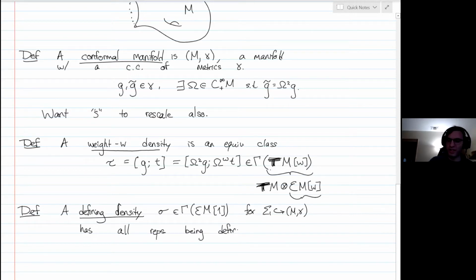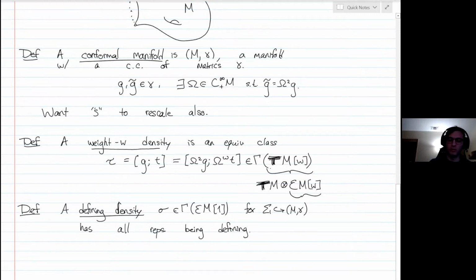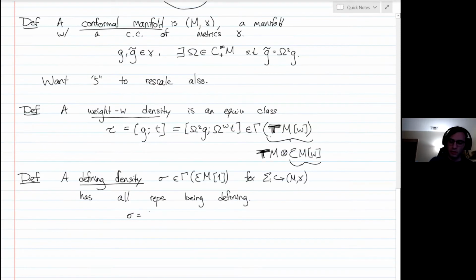Which is just to say that if you pick a metric G, then the representative s corresponding to that metric G of sigma is just some defining function. And there's a whole bunch of different defining functions, because you could multiply any defining function by, say, I don't know, 19, and that would be an equally good defining function. And indeed, multiplying by any positive function is also an equally good defining function.